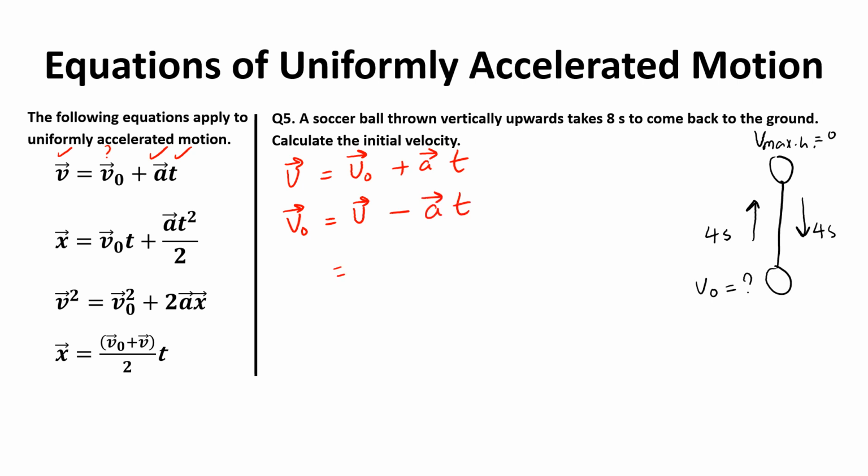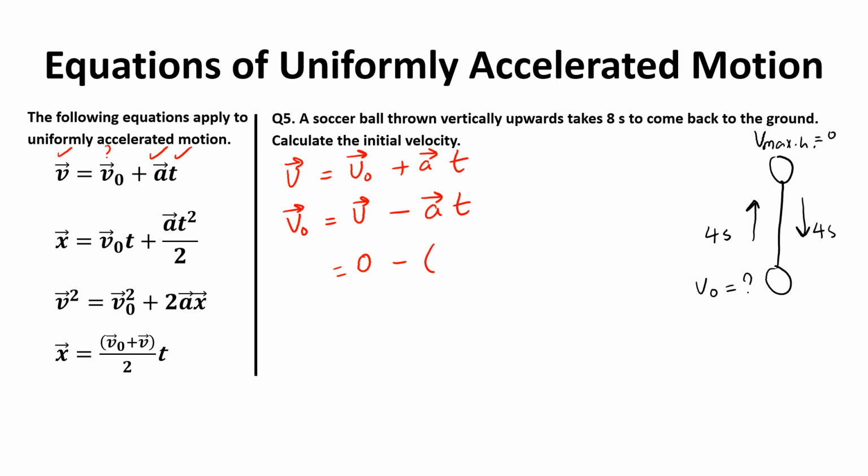Let's now sub in the values. The final velocity is 0 minus the acceleration due to gravity. So we said if the object is moving upwards, then we can just choose that all upward directed quantities are positive and all downward directed quantities are negative.